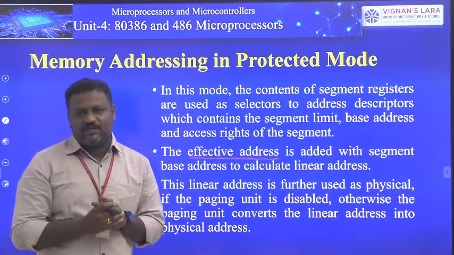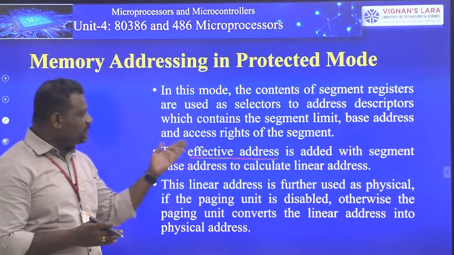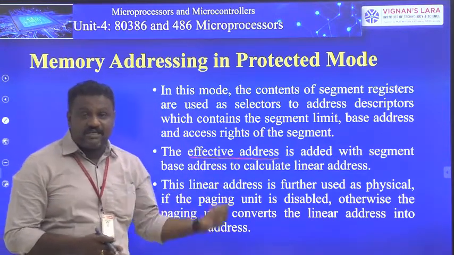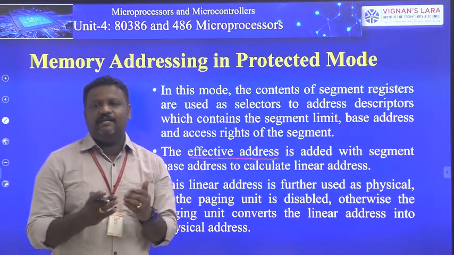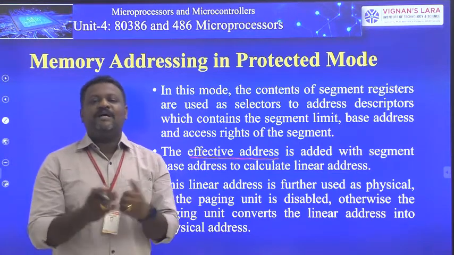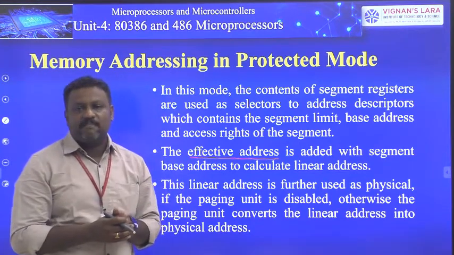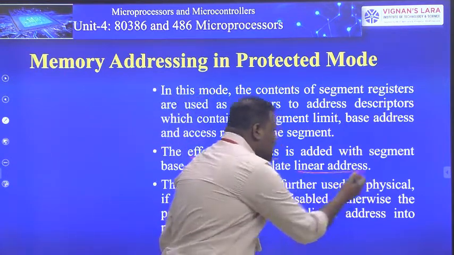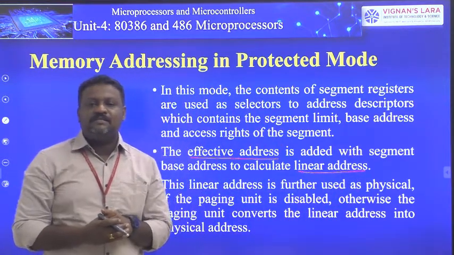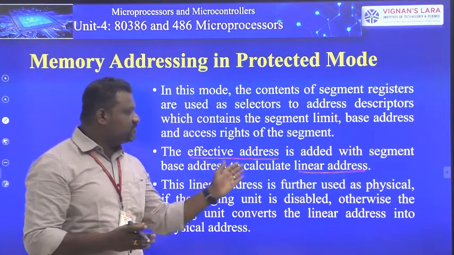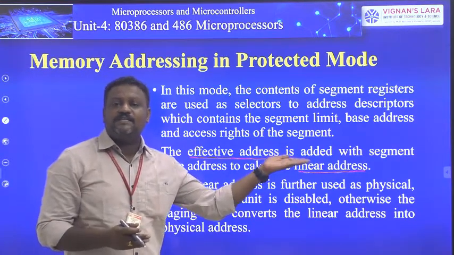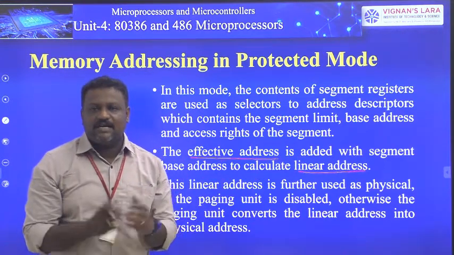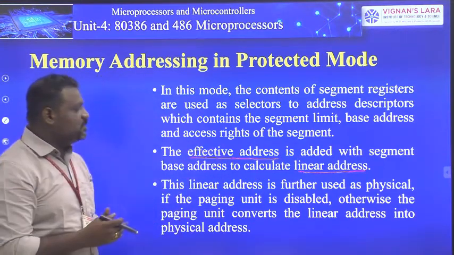So if I want to access something from any segment, I have to calculate a linear address, simply by adding the segment base address with the offset address, which is the final offset address, which I call the effective address. That's the meaning of this.